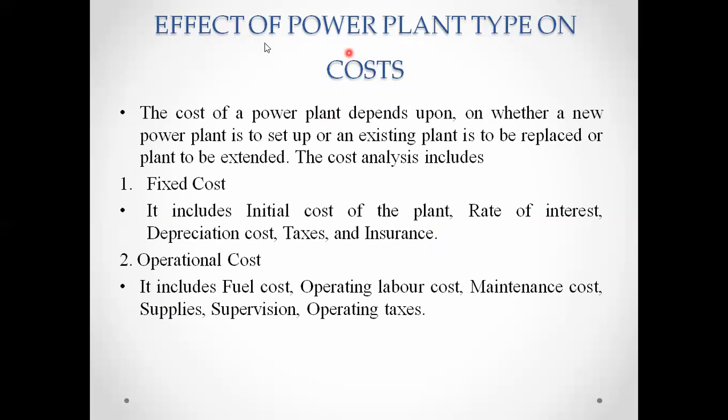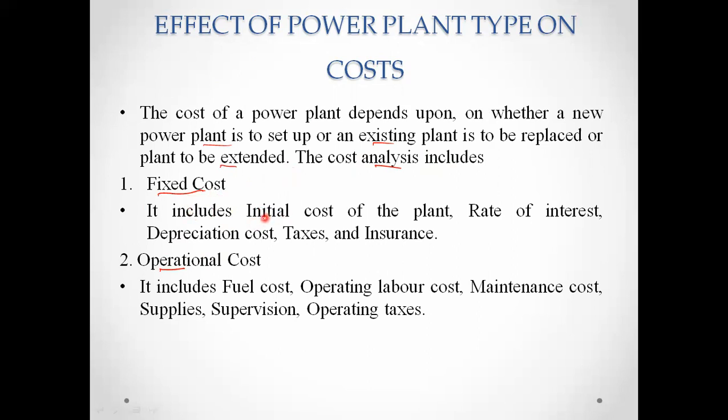Next, we can also say that the cost of the power plant depends on whether a new power plant is to be set up, or an existing plant is to be replaced or extended. The cost analysis will include the fixed cost and the operational cost. So what is fixed cost?